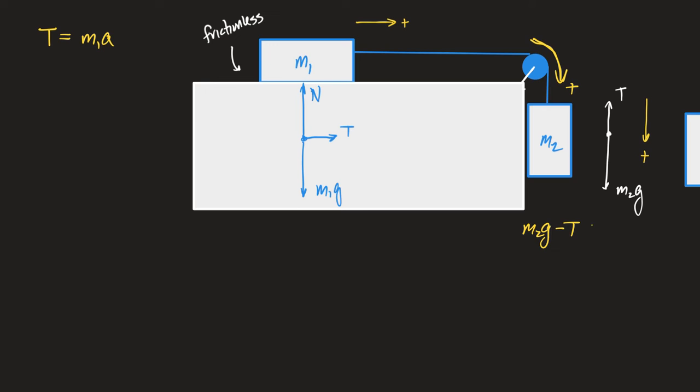M2G minus tension equals M2A. That seem appropriate? No troubles here? All right, that is Newton's laws. You have applied all of the rules. This is it. Now, granted, there's two objects, and there's probably more to do, but this is what you get if you just follow the rules that we've had so far this year.